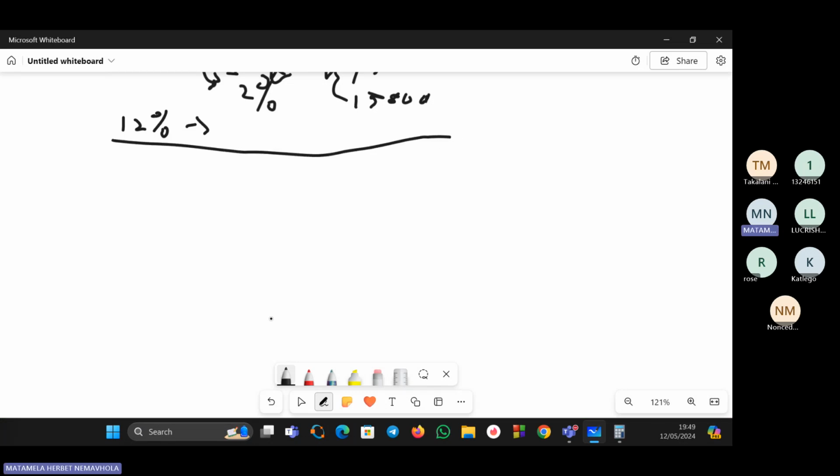You are going to be asked, there is Bongani here, and there is Peter. This is just an example. Bongani and Peter both have 3,000. They are going to invest.